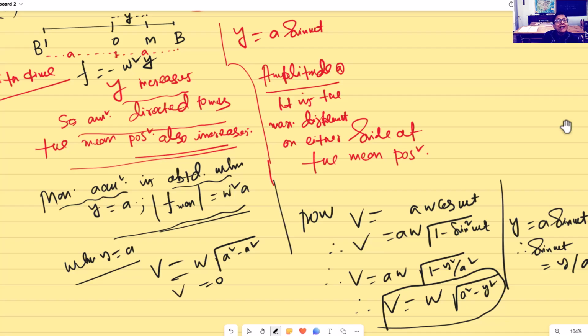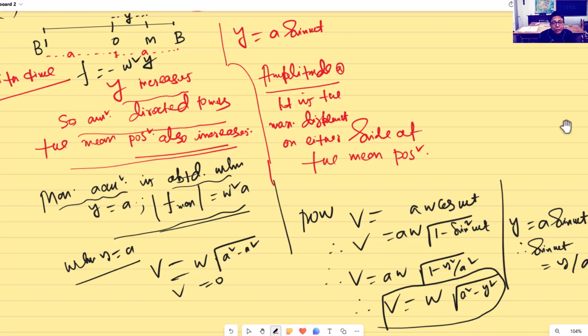But y equal to a is where? y equal to a is at the extreme position. So, what is happening there? You are saying that it is maximum displacement on either side. All these you have stated about acceleration. Now, what happened to velocity? With time, y increases. So, what about the velocity v? V decreases. Am I correct?